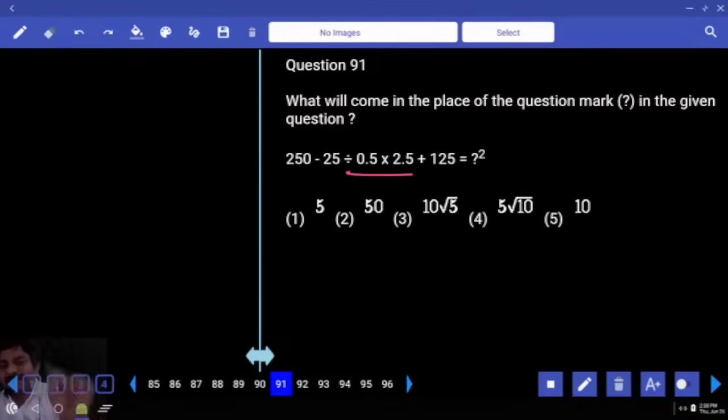Division symbol and multiplication symbol. 2 and a half is in numerator, 0.5 is in denominator. In both numbers we have one digit after decimal. What comes in denominator? 5.